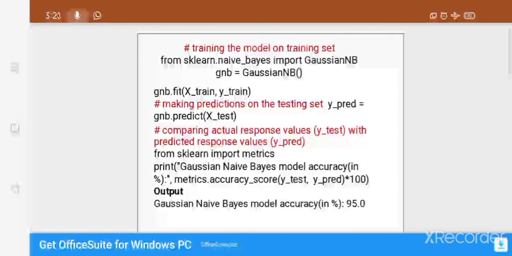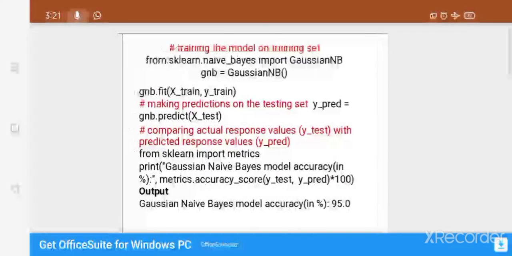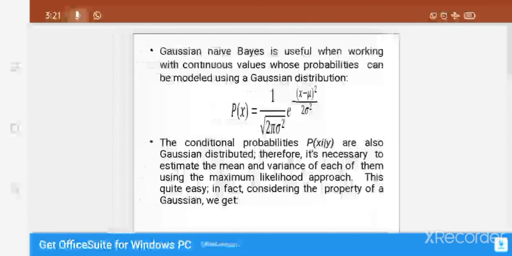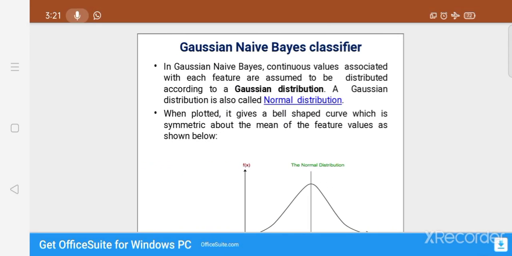The Gaussian Naive Bayes model accuracy in percentage is the metrics accuracy score multiplied by 100. It gives us 95% accuracy. Like this we can find out the accuracy or the class level using the Gaussian Naive Bayes classifier.